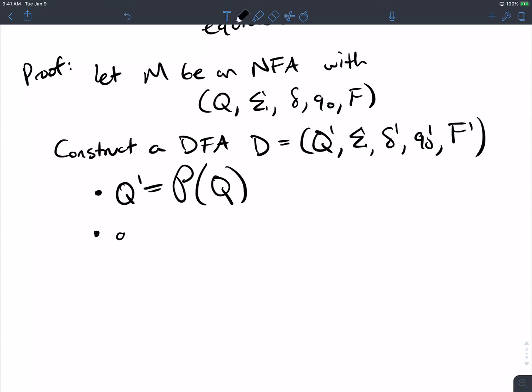What about the start state? So, conveniently, we're going to ignore the epsilon transitions for now. Well, the states in the DFA are what in the NFA? The states in the DFA are modeling what in the NFA? Not quite.